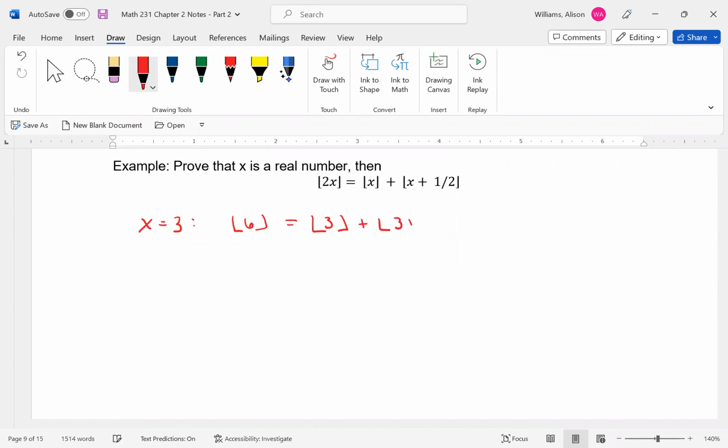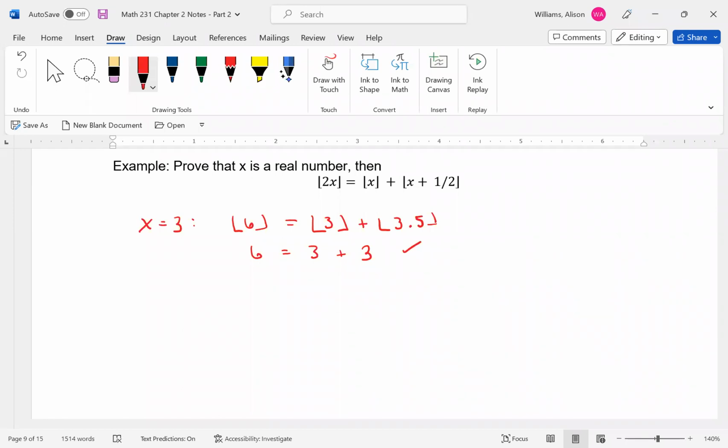If you're doing 3 plus 1/2 or 3.5. So here, I'll write it as 3.5. Okay, so the floor function for 6 is just itself. The floor function for 3 is just itself. But for 3.5, the floor function is 3 because it's going to round down. So that's going to work. Yay, it works. Okay, so that's not exciting.